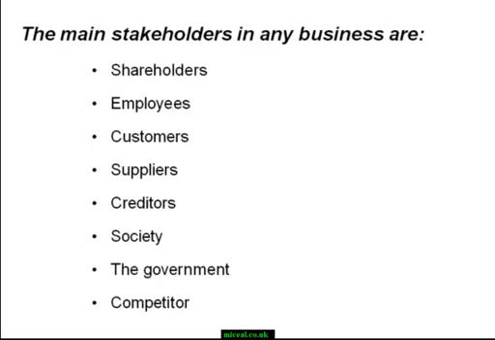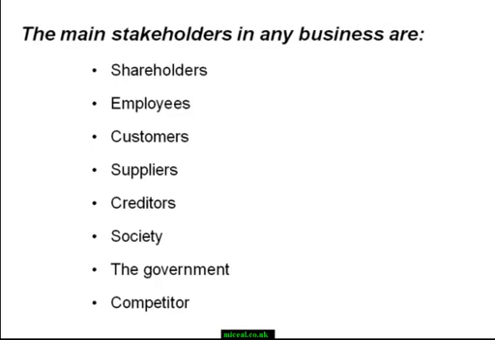For a business, they may be the shareholders, the employees, the customers, suppliers, the creditors, the society, the government, competitors. There may be more we could add on to the list, but as a starting point, that's a fairly lengthy list, and it includes just about everybody. So lots of people are involved as stakeholders in a business.